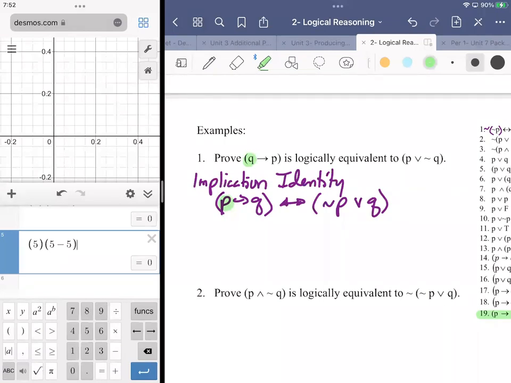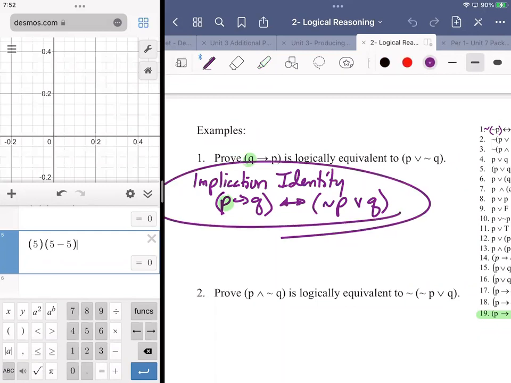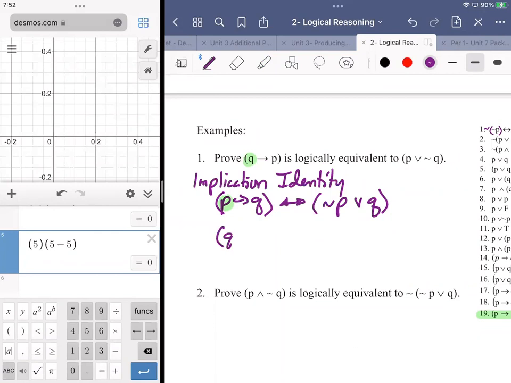So I would ask myself, all right, well, what happened to P in this implication identity? All right, so let me go with a different color. Well, the P became a not P. So following the same relationship, Q should become a not Q.